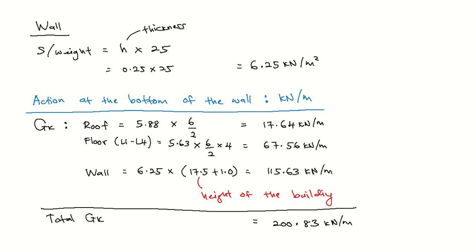Okay, so your GK here in this case is 6.25, the self-weight of the wall. Okay, and when it is involving the self-weight, of course we need to times with the height of the wall. Okay, because this is self-weight, right?